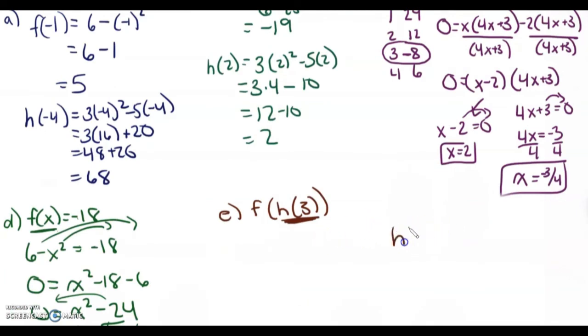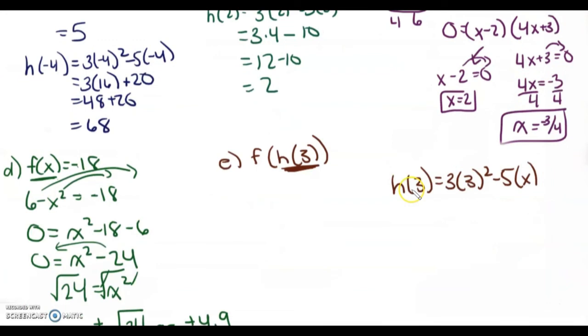Double check that that's it. Yeah. Okay. So we have 3 times 9 minus 5 times 3, which is 15. So 27 minus 15, I get 12.